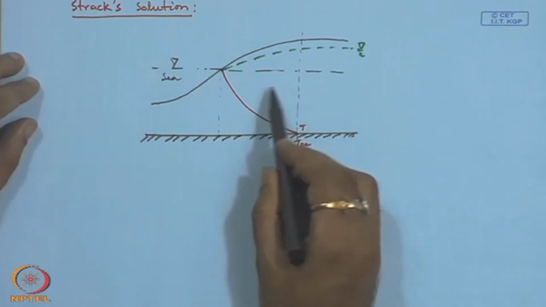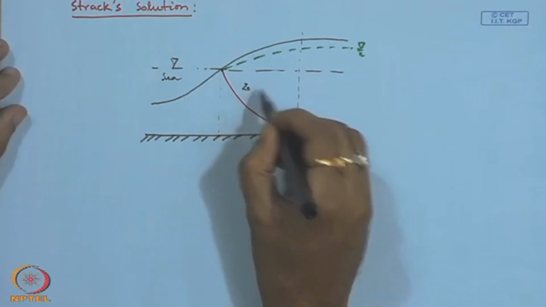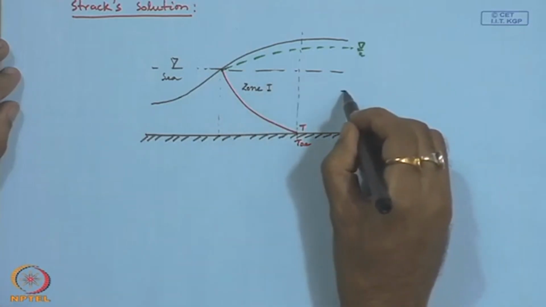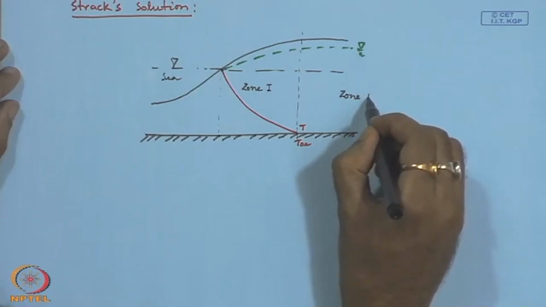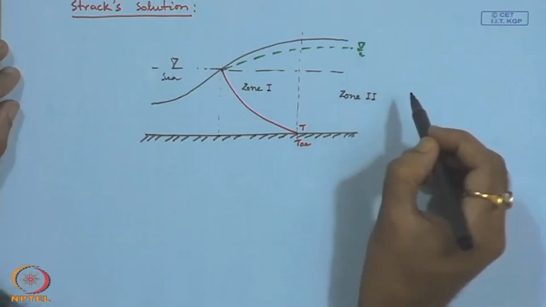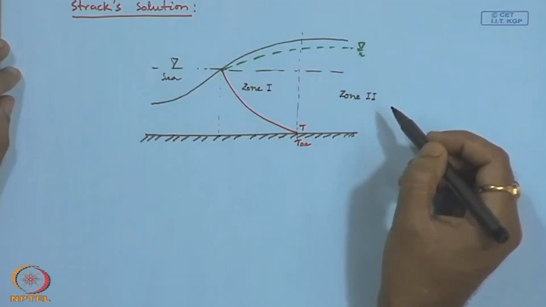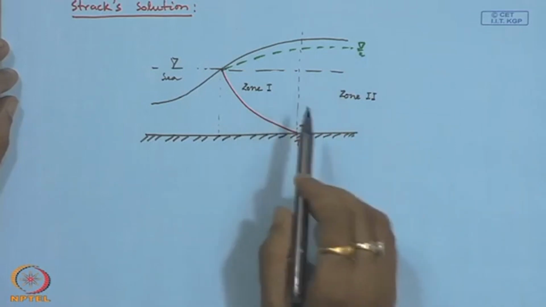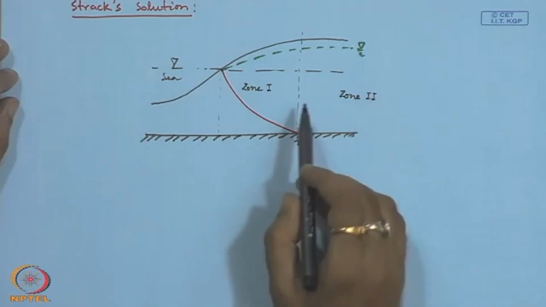From the left hand side we denote this particular zone as zone 1, and the right hand side we denote as zone 2. In these two zones we have two different situations.